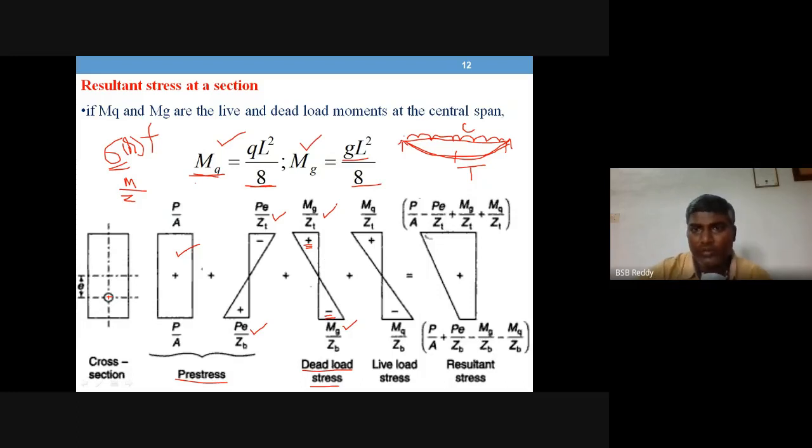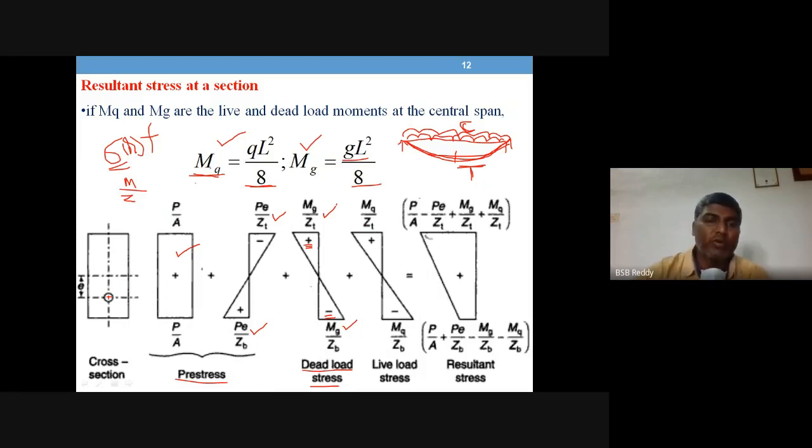In the same way, live load also acting on it is going to bend the section in a sagging manner, so top compression and bottom tension is the nature of stresses developed.